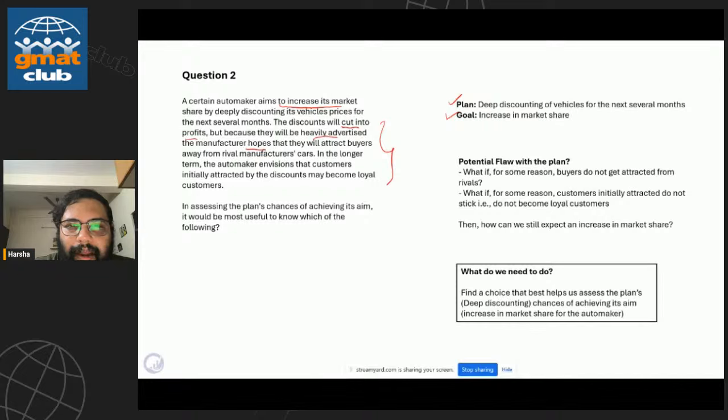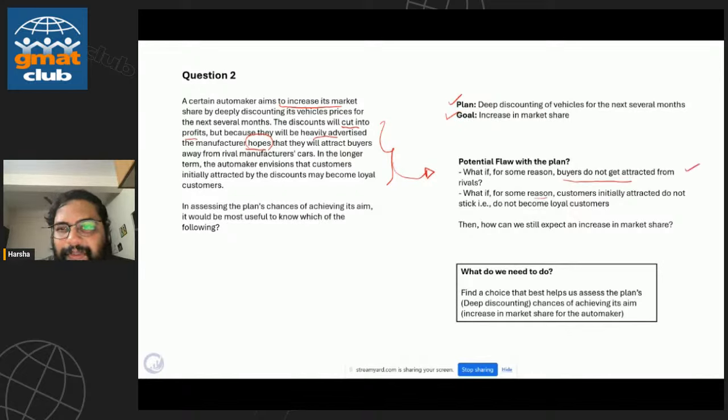Now, as you read this, I think intuitively you might be able to figure out the flaws in this plan. Everything here lies on hope, right? Just because you offer deep discounts, just because you advertise like a madman, does it mean that people will just switch? For instance, what if your quality is very poor, so nobody wants to buy your product even if you go deep discount? What if for some reason buyers do not get attracted? That's a flaw.